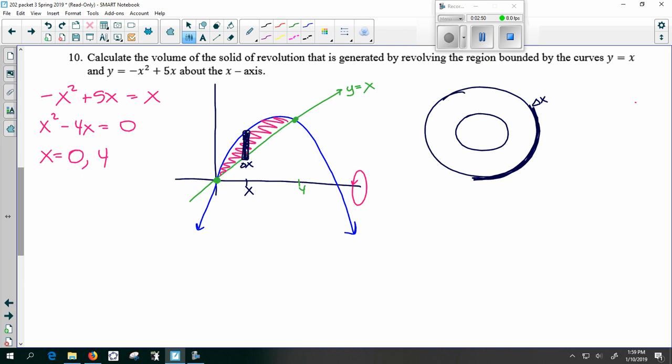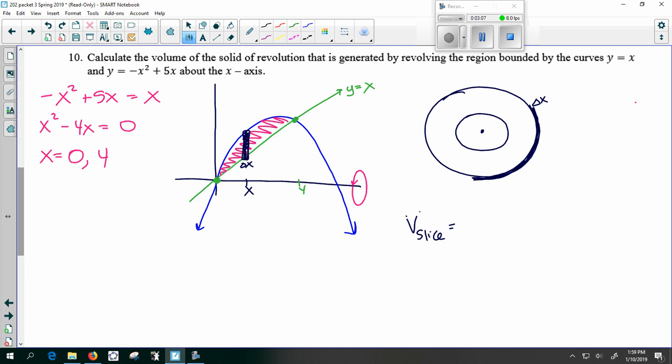So if I want to find the volume of this washer, the volume of my slice, well, the area of a circle is pi r squared. So the volume would be pi r squared times the thickness delta x.